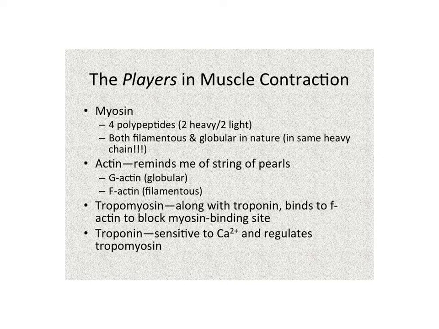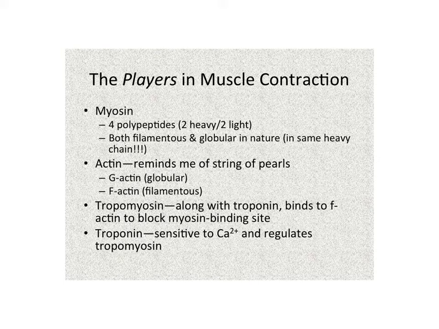So in muscle contraction, there are really 4 components I want you to know about. One is myosin, and it's 4 polypeptides, similar to the way that, remember, hemoglobin had 4 polypeptides, except here they are definitely not identical. We have 2 that are considered heavy chains and 2 that are light chains. What's really cool about myosin is that it's both filamentous and globular.